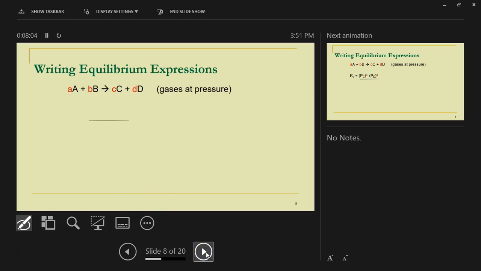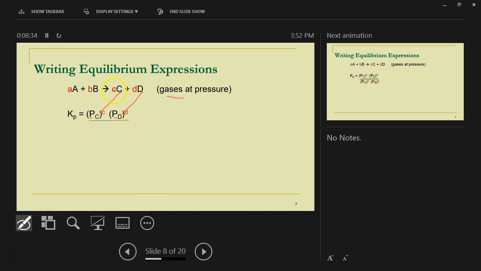If you're talking about pressures, the only difference is we're not talking about concentrations, so we can't use the concentration brackets. Instead, we use parentheses and a large capital letter P to indicate that it is the pressure of whatever these elements or compounds are. So they have to be gases in order to write a Kp.